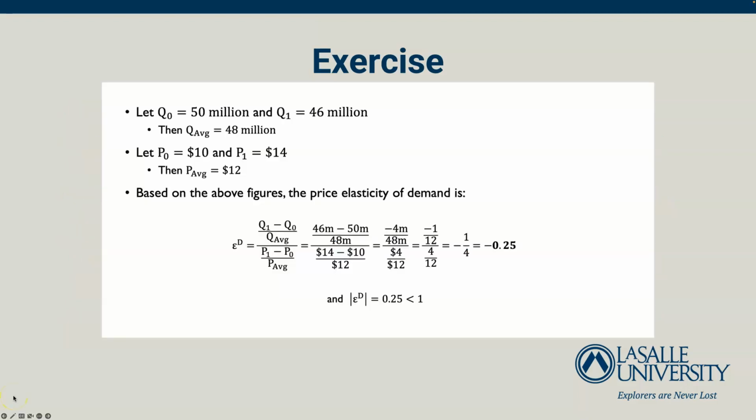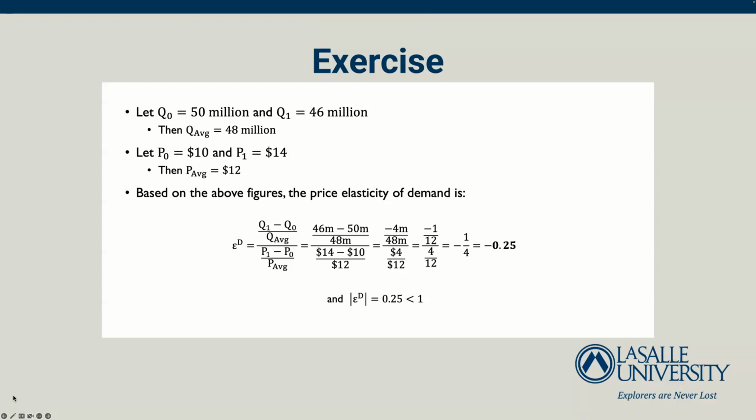Let's suppose that Q0 is 50 million and Q1 is 46 million. Then the average quantity will be 96 divided by 2, or 48 million. It looks like the initial price, P0, would be $10, but the new price, P1, would be $14, and the average of those two, 24 divided by 2, would be 12.